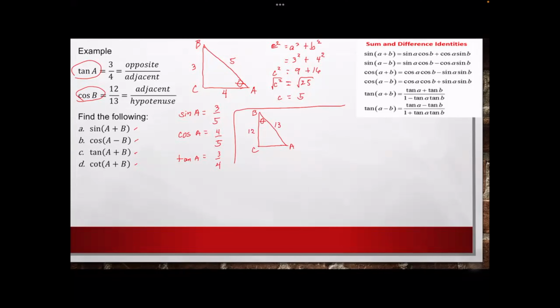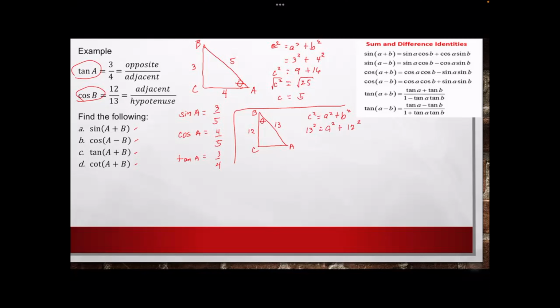Okay, gamit ulit tayo ng c squared is equal to a squared plus b squared. So yung c natin ay 13 squared is equal to yung letter a natin, which is the missing part, plus 12 squared.